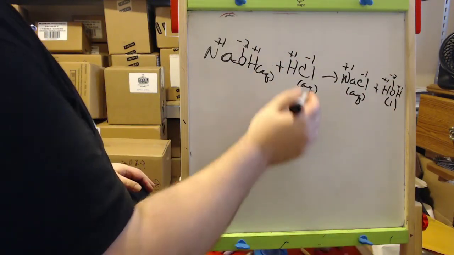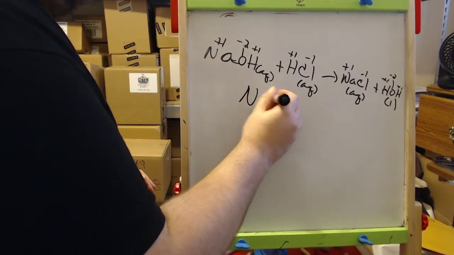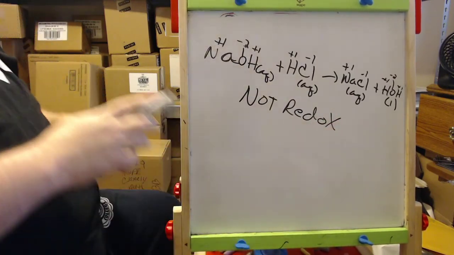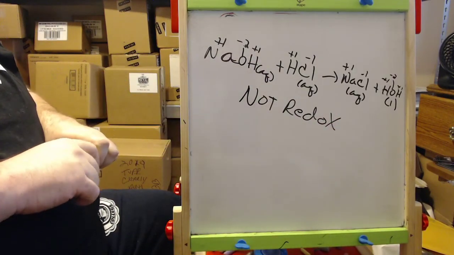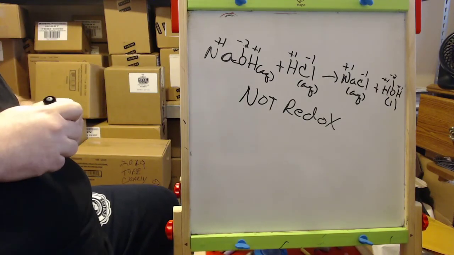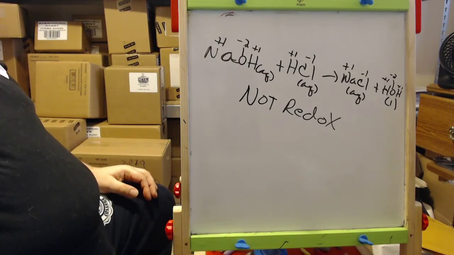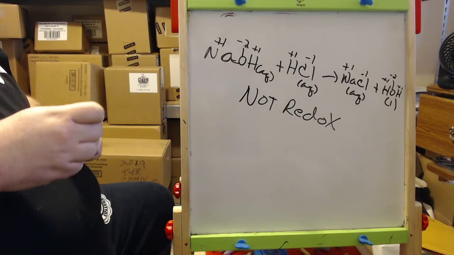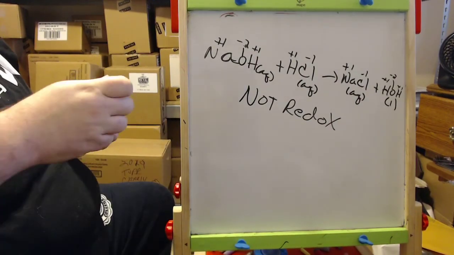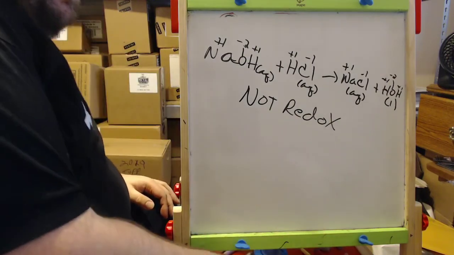No difference. Chlorine, -1, chlorine, -1. So this is not a redox reaction. Questions on oxidation numbers and how to tell if I'm redox or not?